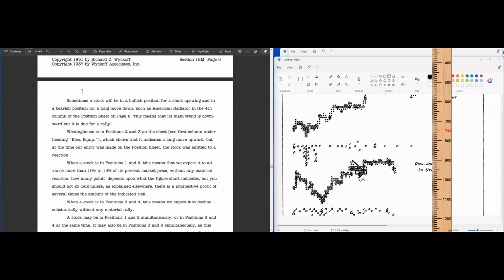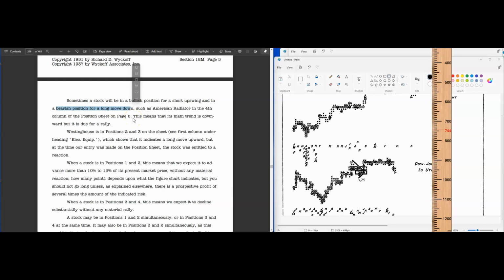Sometimes you'll have two indications, a bullish and a bearish indication. So it's in a bearish position for a long move down, but a bullish position for a small move up.